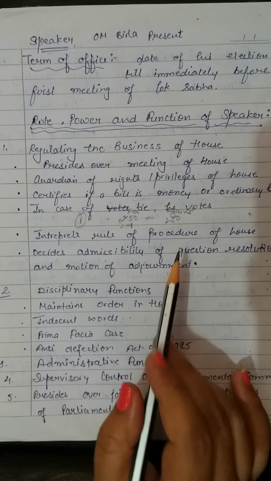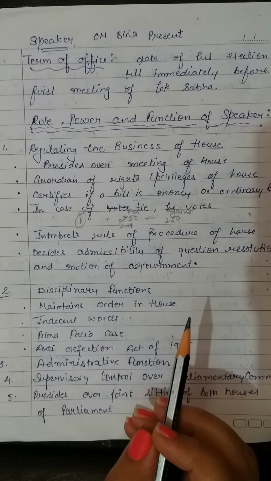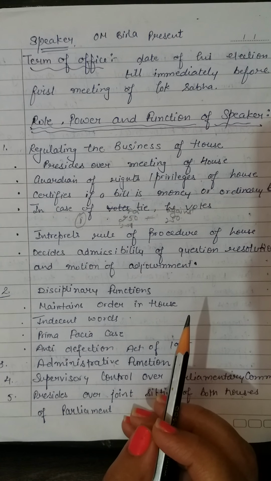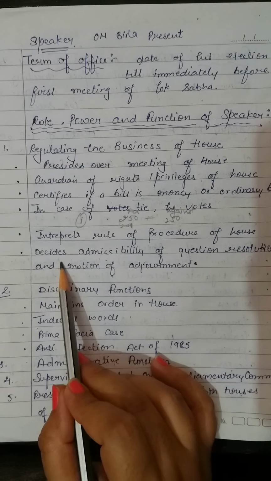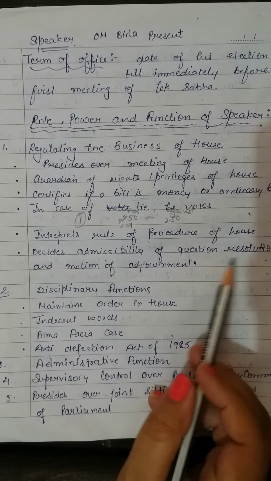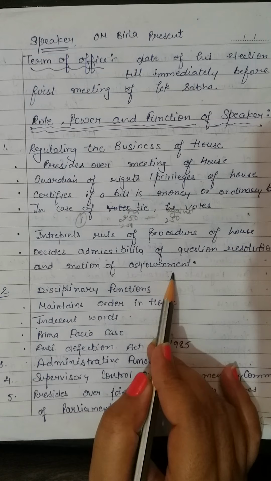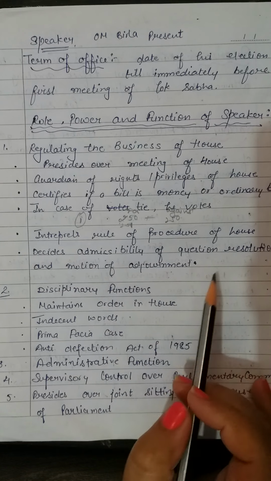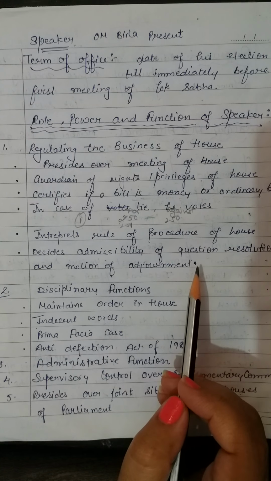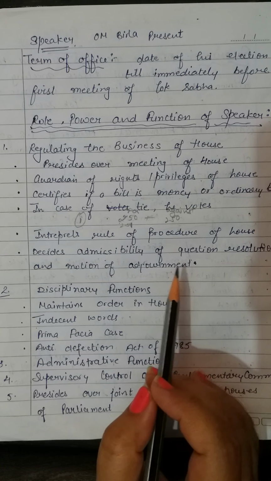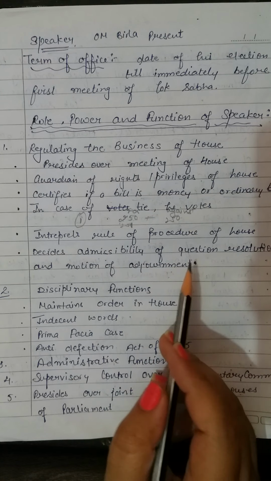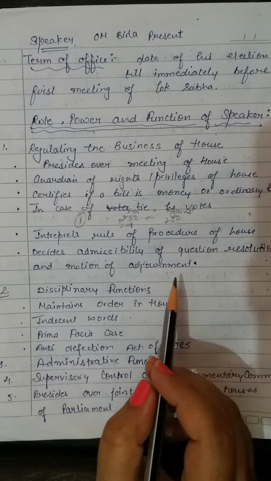Next is interpreting the rules of procedure of the houses. He also explains the rules and the procedure, how the process and the meetings will go on. And he decides the admissibility of questions, resolutions, and motions of adjournment. That means the speaker decides whether a question asked in the meeting by a member is relevant or whether they are just wasting time.